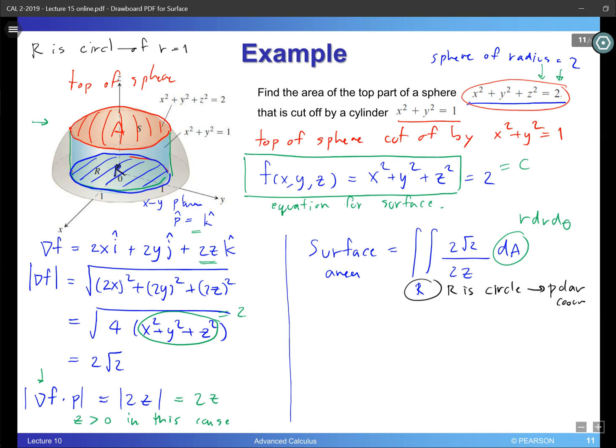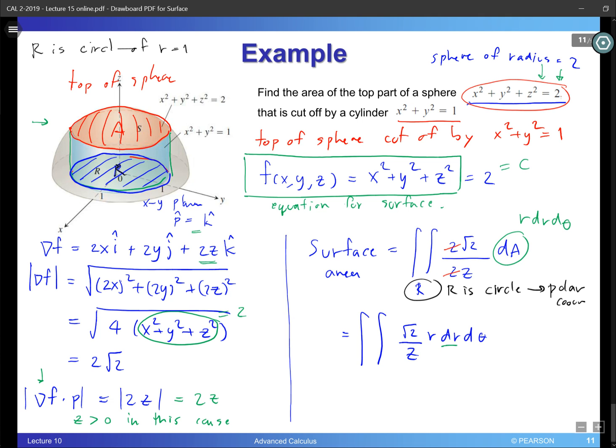Okay, let's cancel this for now. Now let's continue. Integration of square root of 2 divided by z times r dr d theta, because we switched to polar coordinates already. Now we have to sweep the radius.